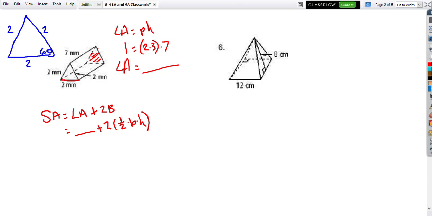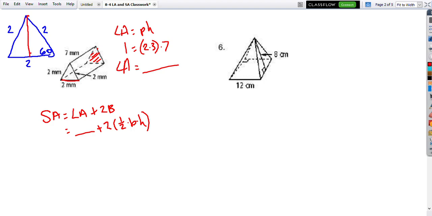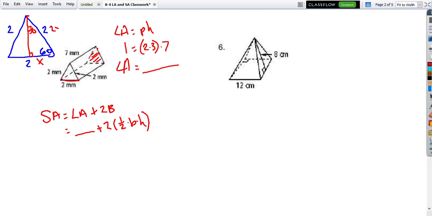So when I drop an altitude, or the height, from the top here, this is going to create a 30-60-90 degree right triangle. If you remember, that means my sides are x across from the smallest angle, 2x across from the biggest angle, and x times the square root of 3 across from the 60 degree angle, the longer leg.